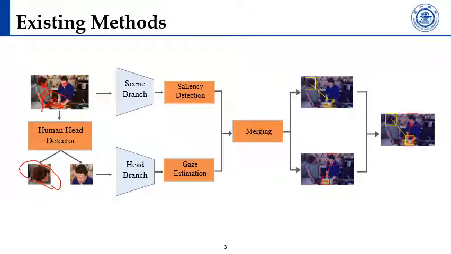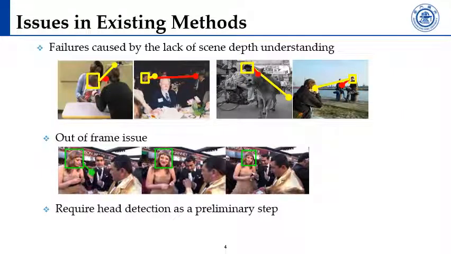So you see, this framework is intuitive, and we can find that the key steps in this framework are saliency detection and gaze estimation. However, existing methods mainly use 2D gaze estimation. The lack of depth understanding leads to detection failures.